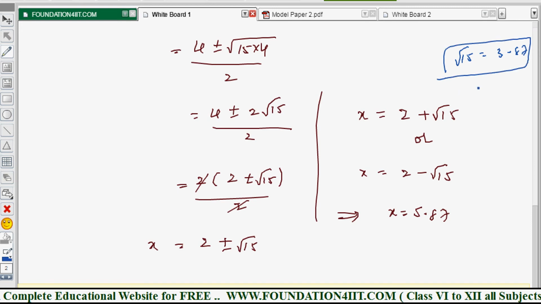And the other one, x is equal to 2 minus 3.87, that means minus 1.89. By simplification, it's approximately 5.9 and minus 1.9, up to significant figures, right? So we can solve this.